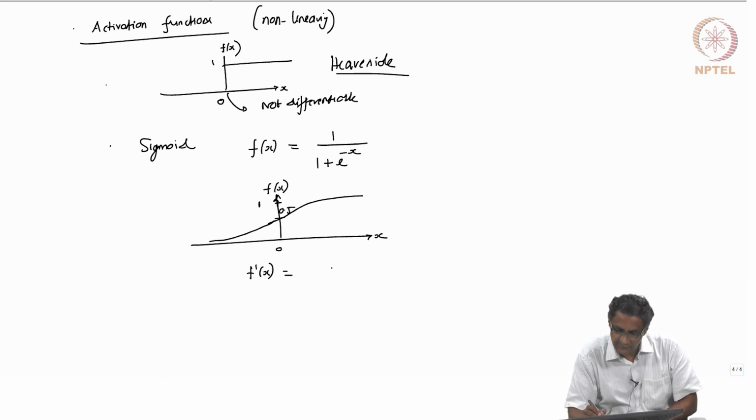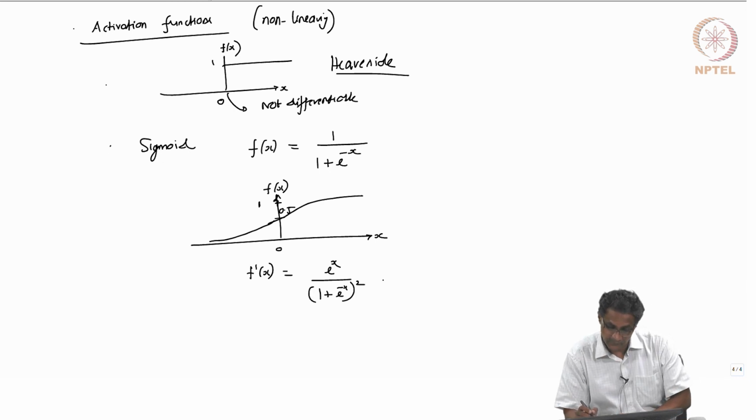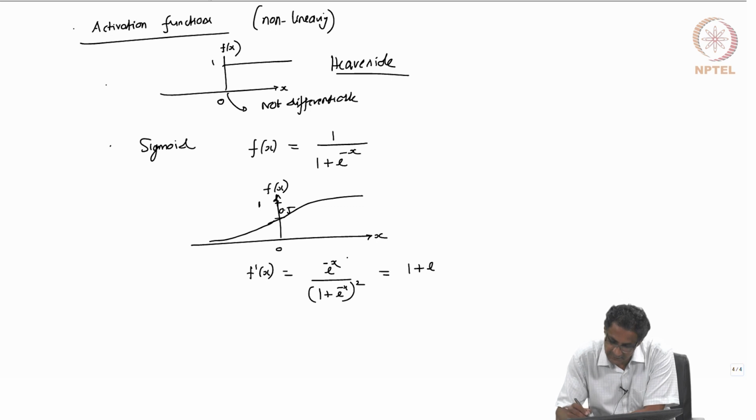So f dash of x is minus e power x by 1 plus e raised to minus x the whole square. And then we can write this as 1 plus e raised to minus x.